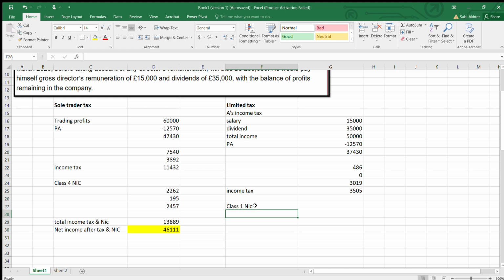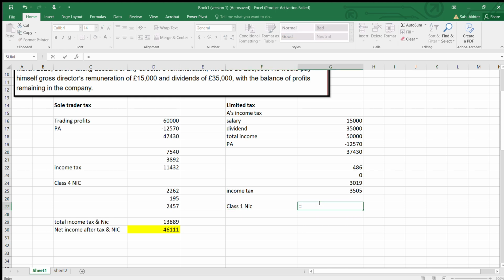So when is he paying class 1 NIC? Remember that class 1 NIC is on salary only, not dividend. Dividend is not taken as an earned income. So 15,000 is less than the upper limit, which is 50,270, but more than the lower limit, which is 12,570. So the difference would be at 8%.